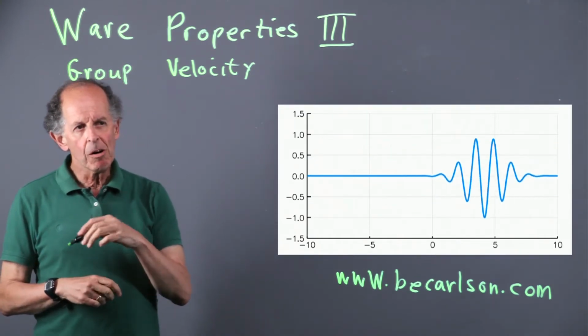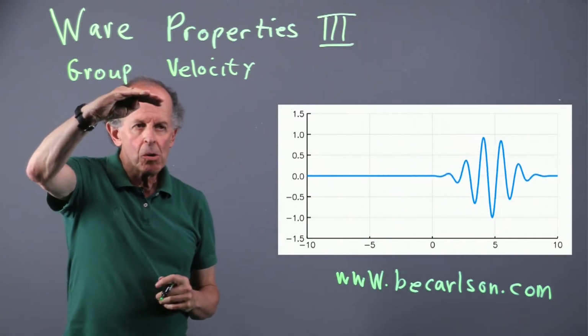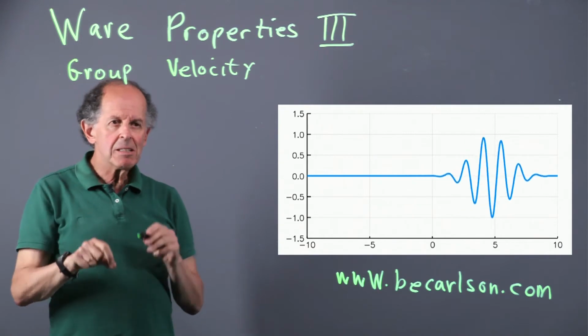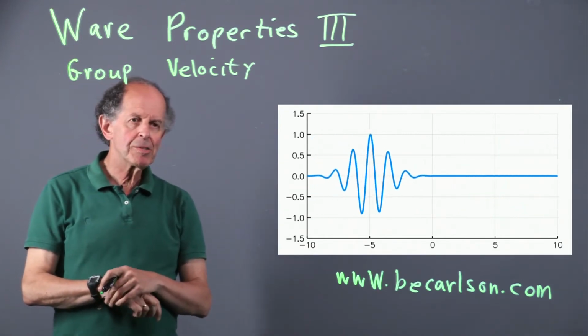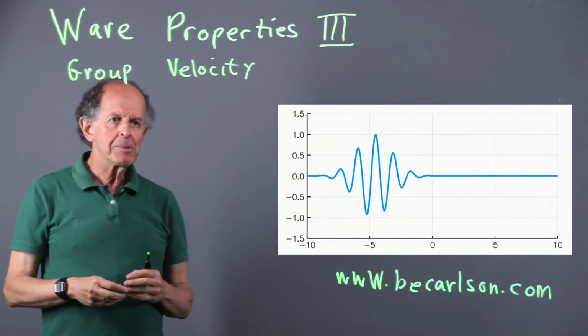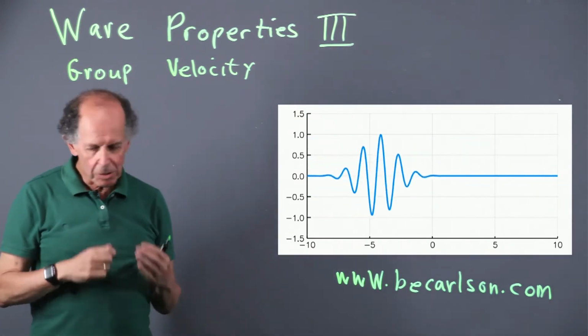So the low frequency envelope has a lower group velocity than the phase velocity of the individual high frequency oscillations inside the envelope. That often happens where the phase velocity is faster than the group velocity.